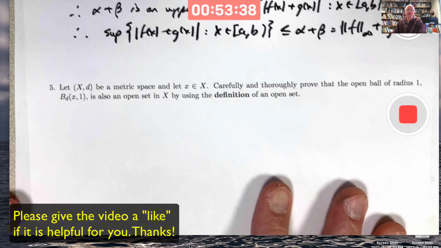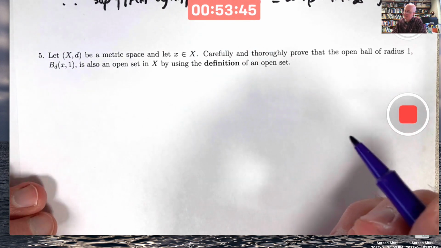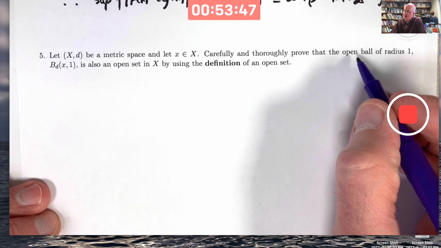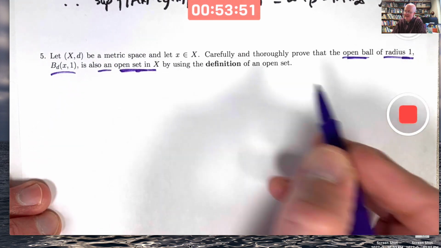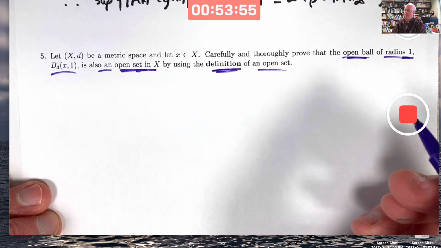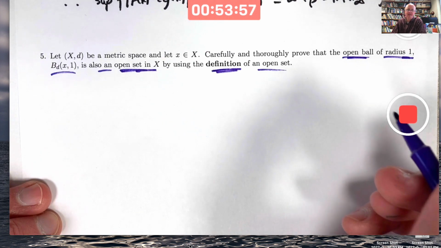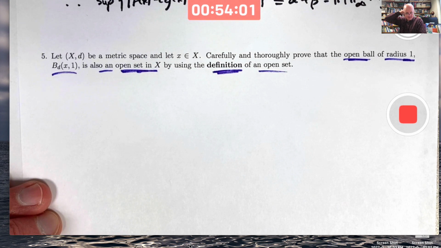Number 5. Let X comma d be a metric space and let little x be an element of capital X. Carefully and thoroughly prove that the open ball of radius 1, that thing, is also an open set in X by using the definition of an open set being that every point in the set is an interior point of the set, as we saw. Weird. Open.